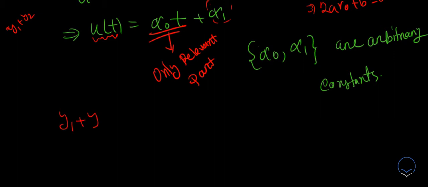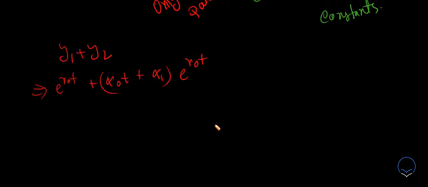Forget the arbitrary constants c1 and c2. So y1 was e to the power r0t, and y2 is just alpha 0 t, that is u. I'm writing the u expression first. This is our u of t, and then we have e to the power r0t.